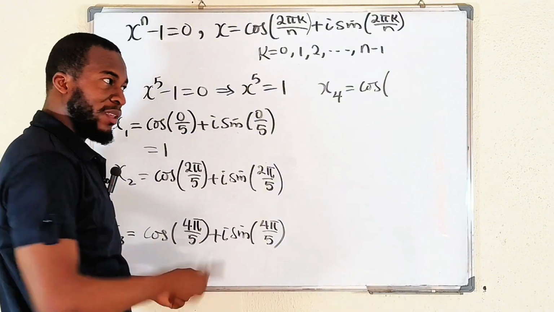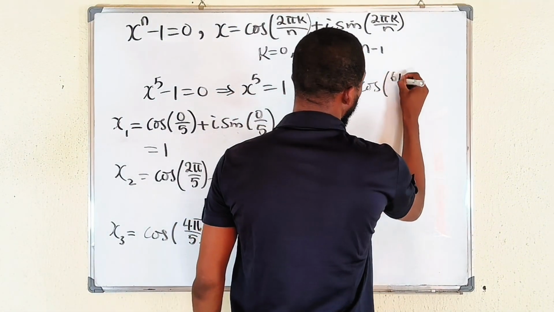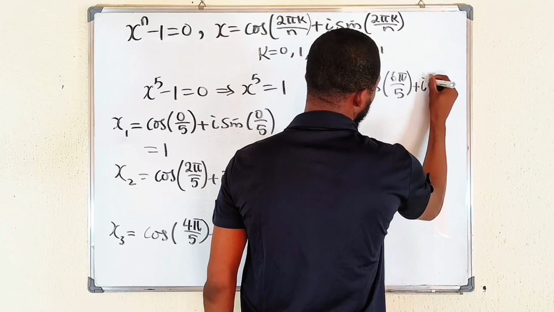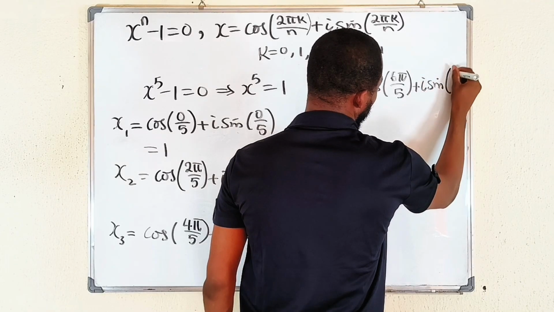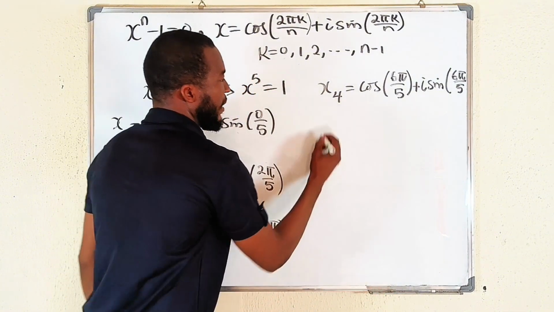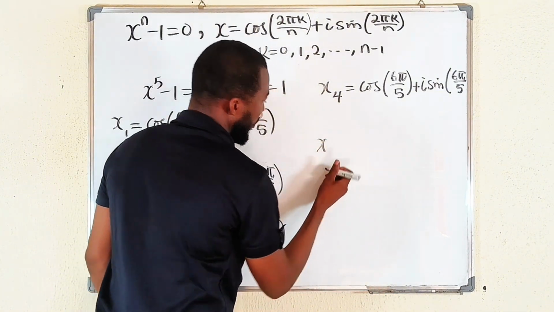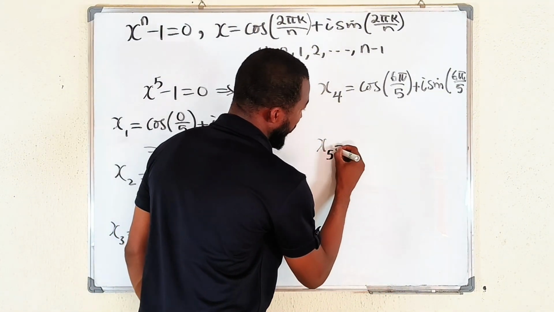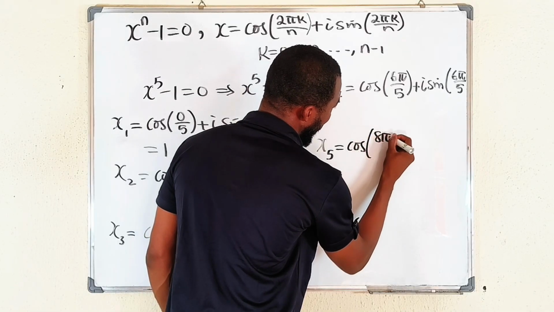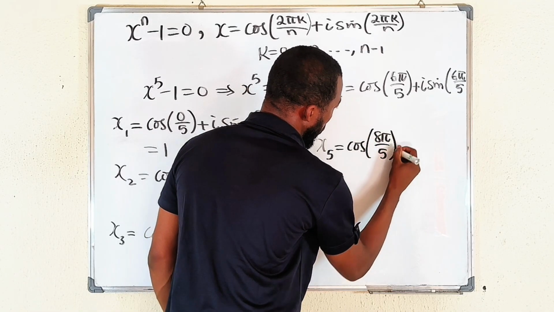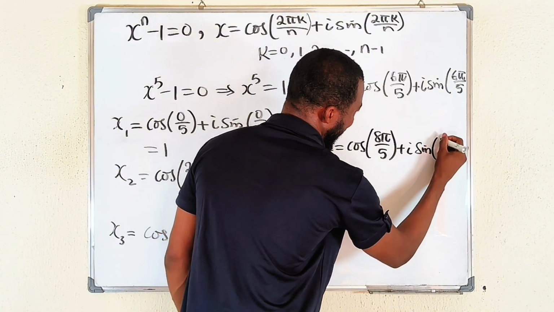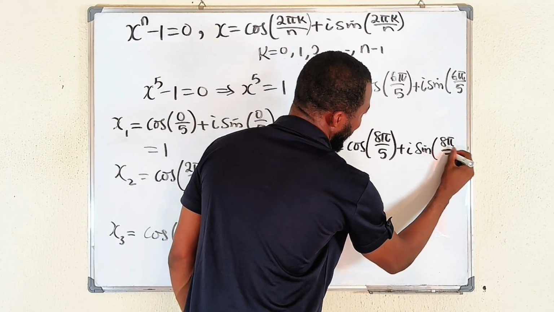I told you, even, right? 6 pi divided by 5 plus I sine of 6 pi divided by 5. Then the last one, x5 is equal to cosine of 8 pi divided by 5 plus I sine of 8 pi divided by 5.